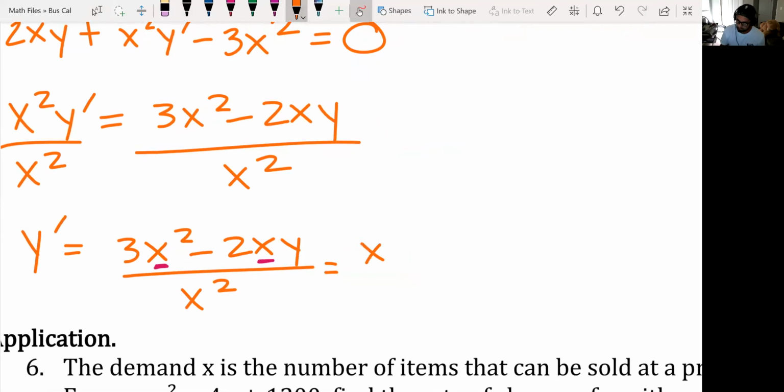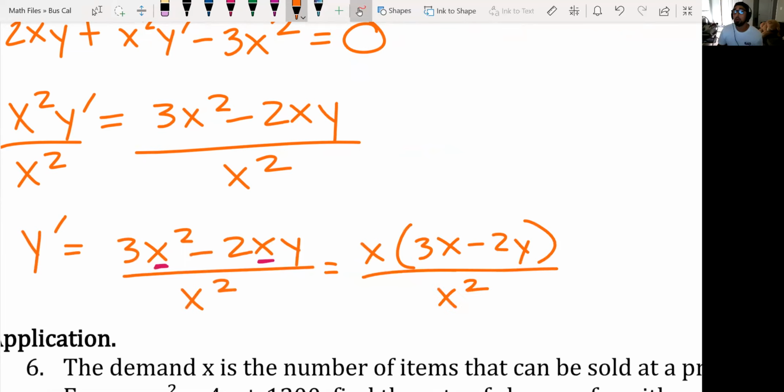If I take an x out, I'm left with 3x minus 2y over x squared, which means this x and that x squared will reduce. So this x is gone, and that x squared is gone.